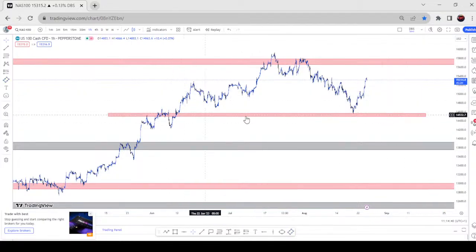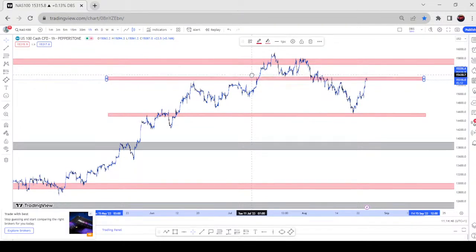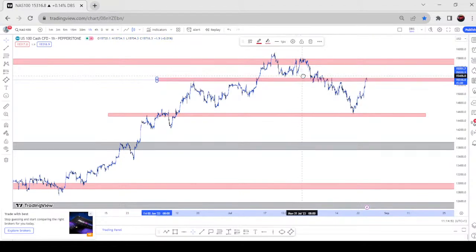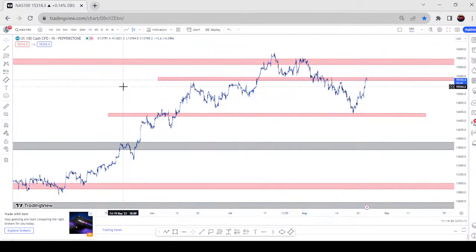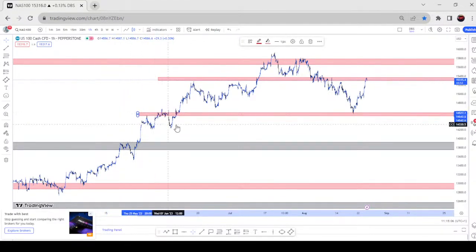You can see we can easily spot one minor level from here, then another minor level right about here. Let's drag it to the future. Another minor level right about here. Another one right about here. Okay, let's just drag it to the future.